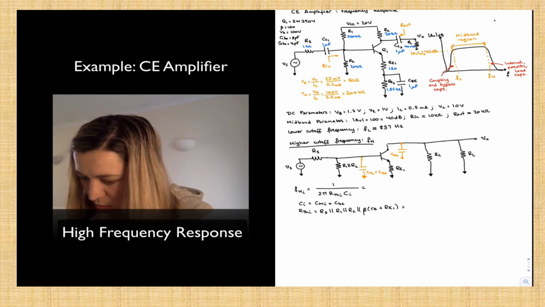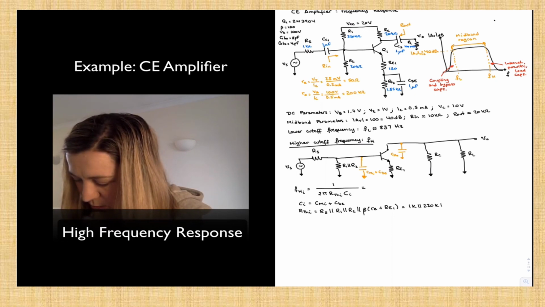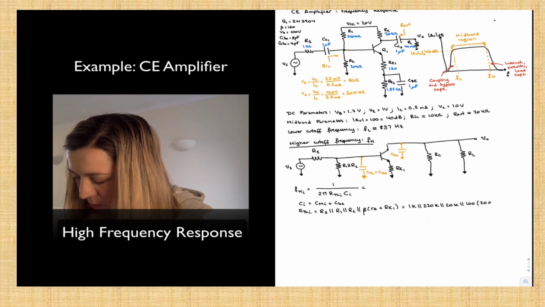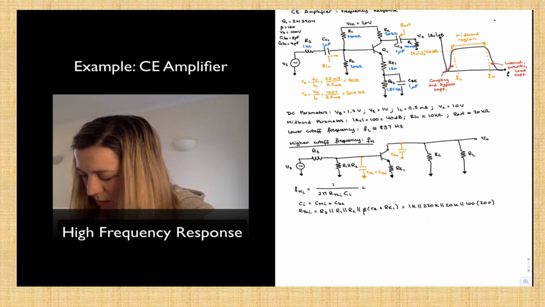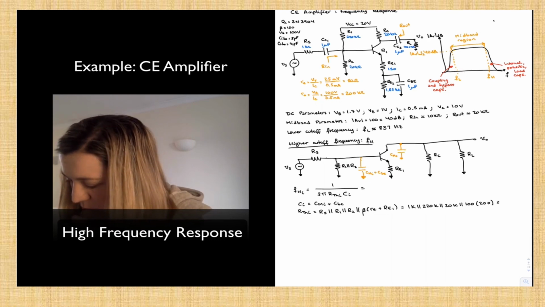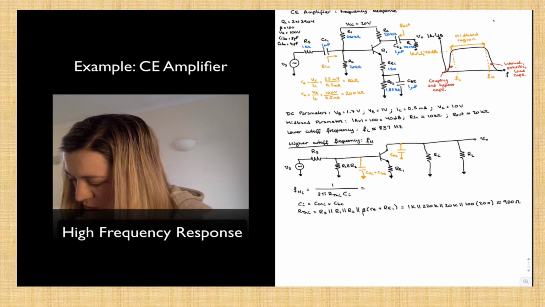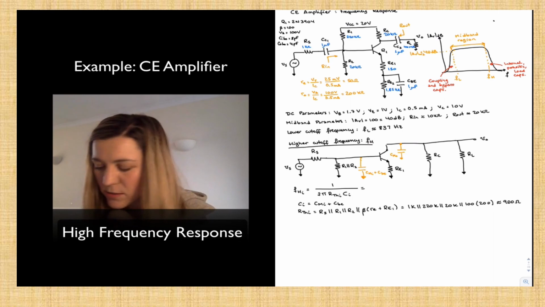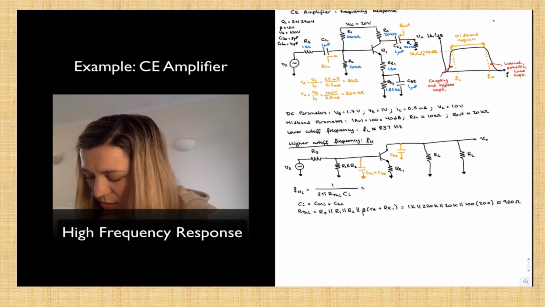So RS will be 1 kilo ohm in parallel with 220K, in parallel with 20K, in parallel with 100 times little re, which is 50, plus RE1, which is 150, so that's 200. And that's going to be equal to around 900 ohms. Notice that it's going to be dominated by the 1K resistor, the source resistance, since it's the smallest.